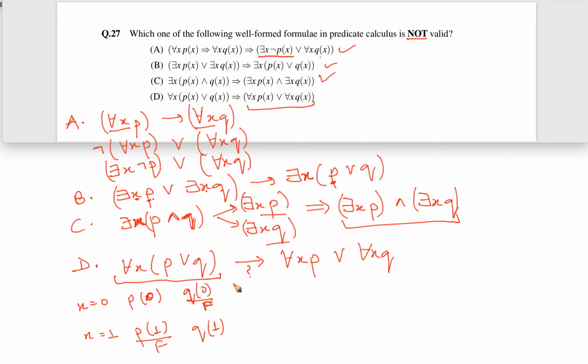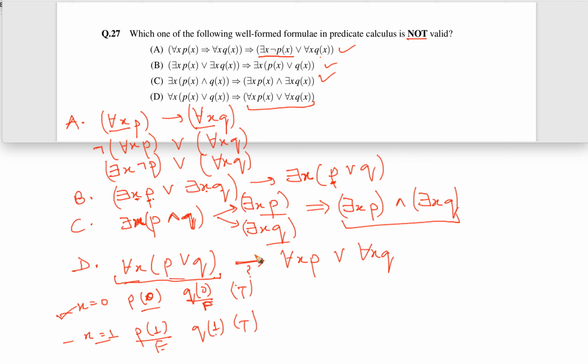For all x, p or q: for x equal to 0, among p or q one of them is true, so true or false is true. For x equal to 1 also, false or true is true. So for all x, p or q is true, every x.